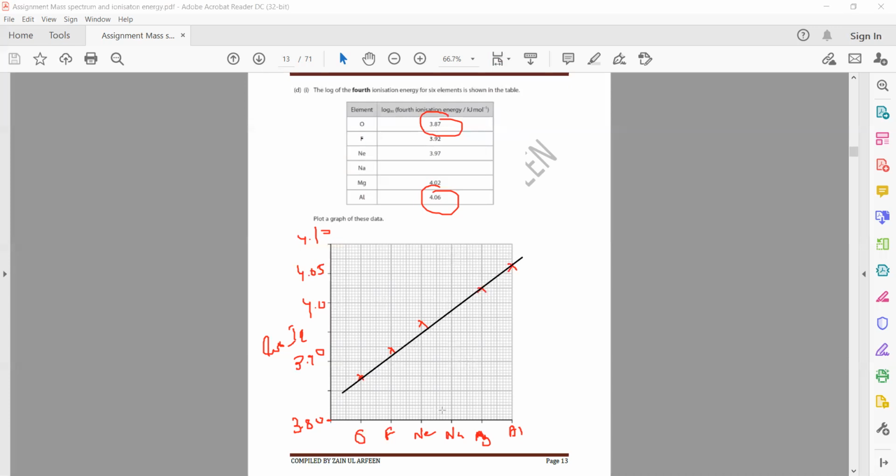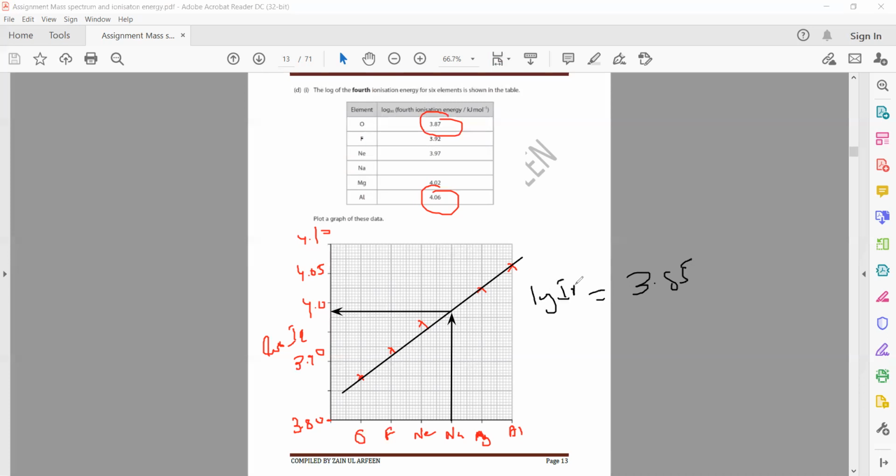So we can read off the ionization energy for sodium, but this will be a log value. For example, if it is coming out as approximately 3.9 or 3.85, that is the log of the ionization energy.